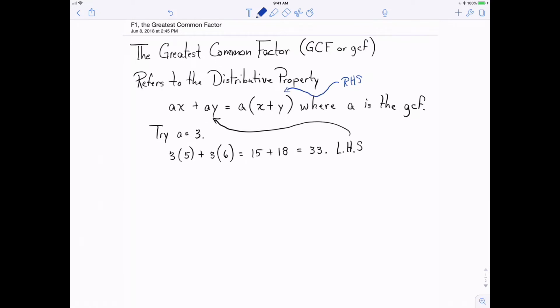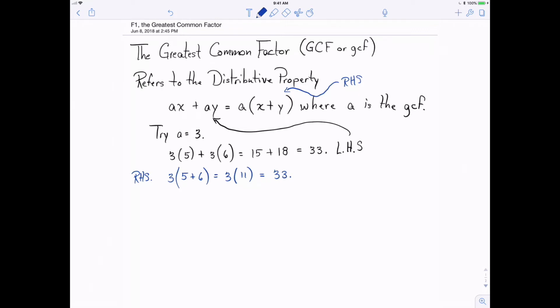For the right-hand side, we said that a is 3. We said x was 5 plus y, which is 6. Well, this is the same as 3 times, now if I take 5 plus 6, that's 11. And if I multiply 3 times 11, I get 33. So in other words, it works either way you go.